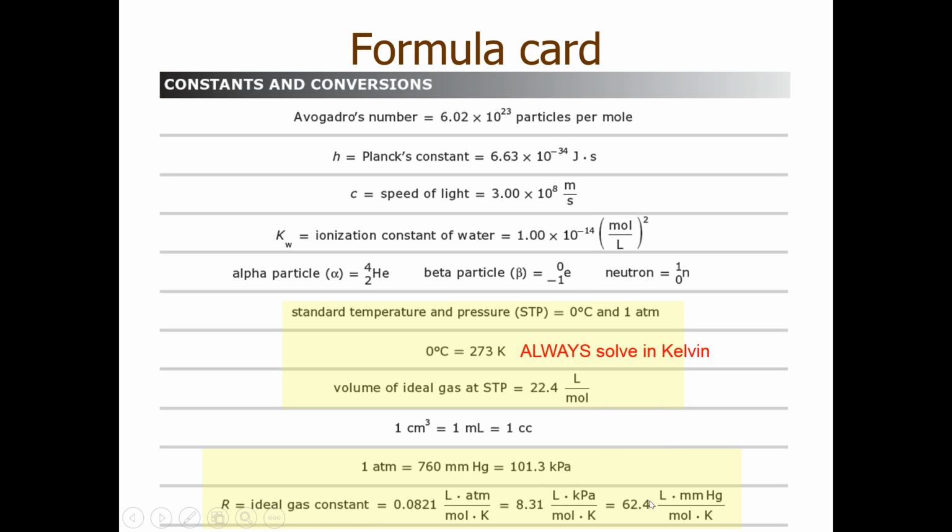The big difference between these 3 different values is that there are different units of pressure in each of the numbers. So depending on the rest of the problem, if the P is in mmHg, millimeters mercury, then you're going to use this number here, 62.4. If the pressure in the problem is in atmospheres, ATM, then you'll use this number to represent R.